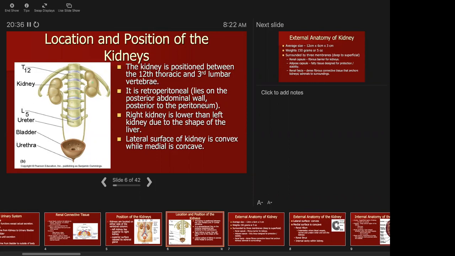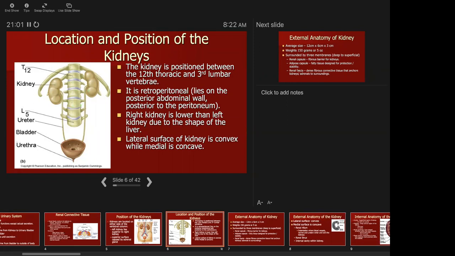That is the extent of the left kidney. What of the right? The right starts from the intervertebral disc between T12 and L1, and goes until it reaches almost the lower part of L3.